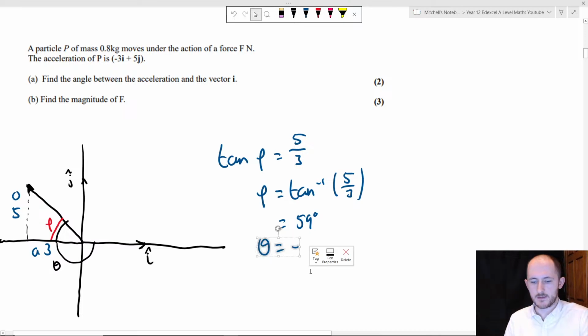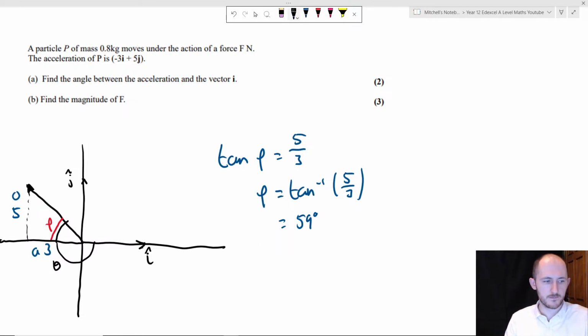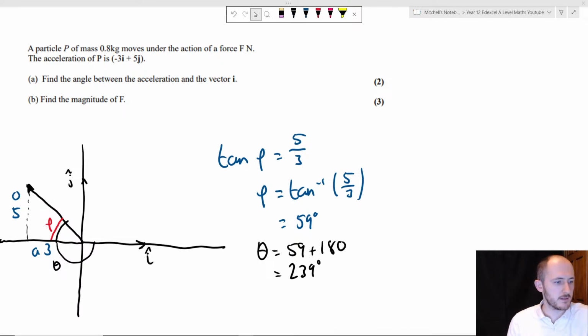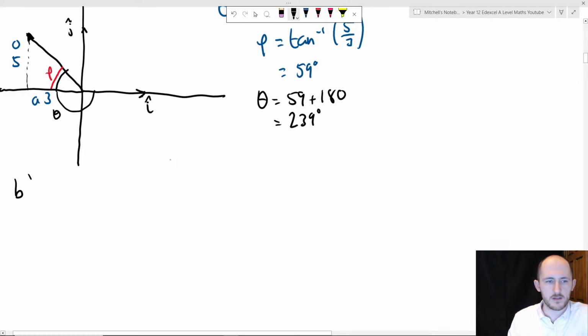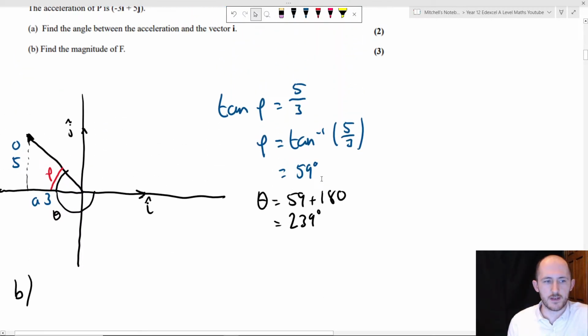That makes more sense. 239 degrees. Okay, so hopefully that's okay. Again, that is only 2 marks, so it's meant to be relatively tricky.